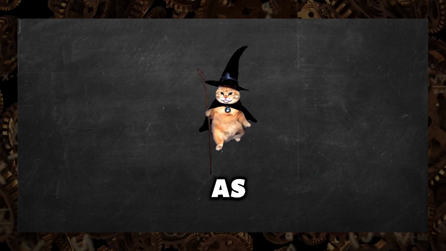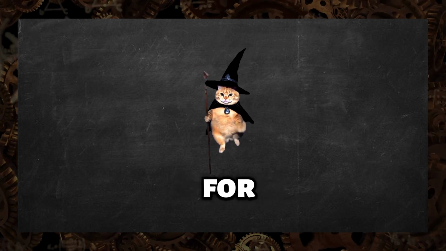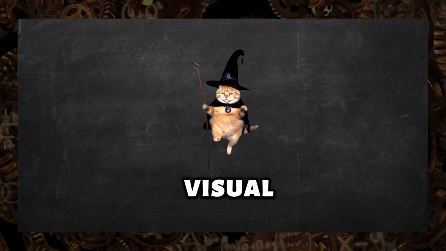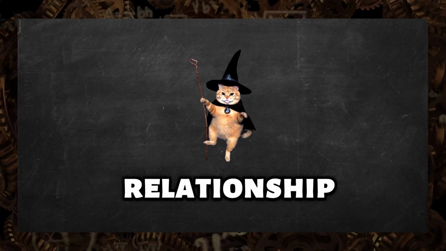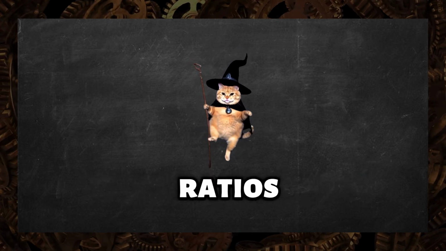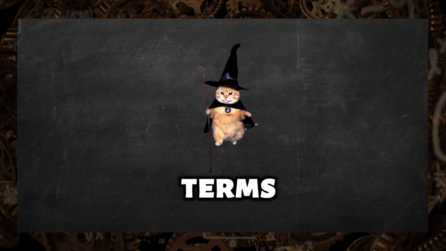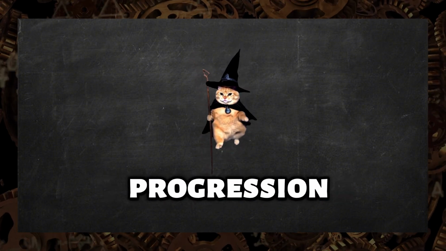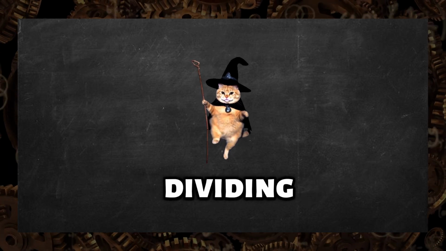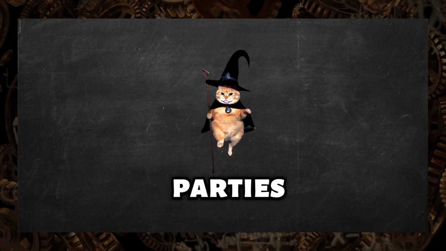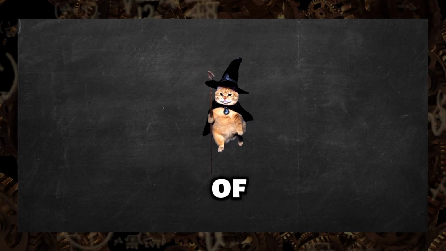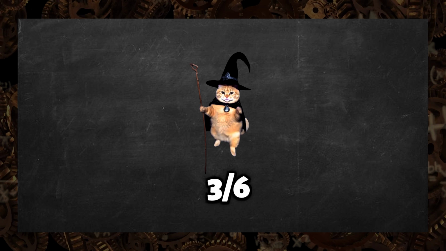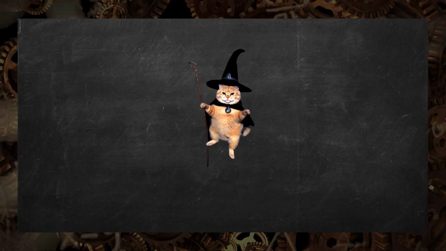These are graphed as straight lines through the origin for direct, or hyperbolas for inverse, allowing visual confirmation of the relationship. Ratios extend to 3 or more terms, like 1 to 2 to 3, meaning parts in that progression, useful in dividing resources among multiple parties, where a total of 6 parts allocates 1/6, 2/6, and 3/6 respectively.